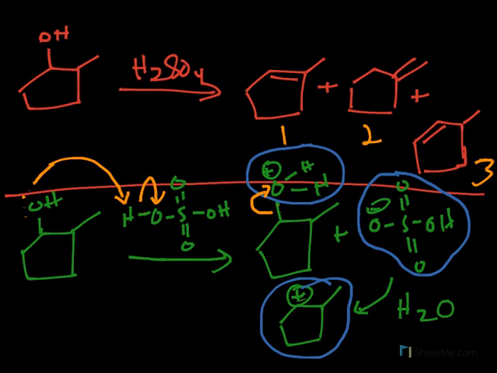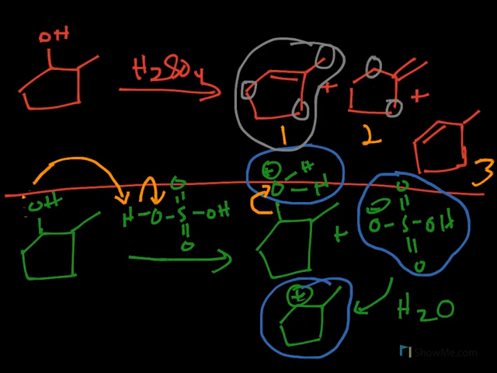And if you follow what you learned in lecture, you're going to get that number 1 here is the most substituted alkene. So number 1 is surrounded by 3 R groups. So this would be one of the R groups, and then that's another one, and then that's another one right there. So that's 3. Number 2 is only surrounded by 2 R groups, and number 3 as well only has 2 R groups right there.